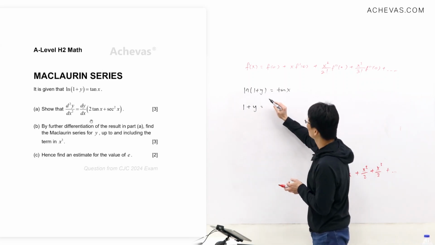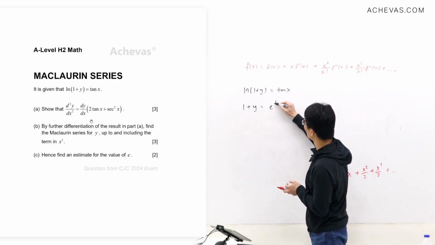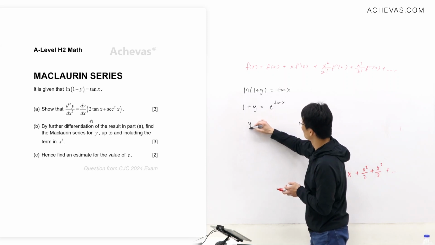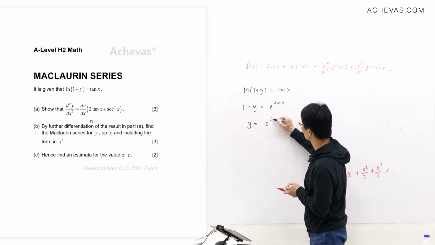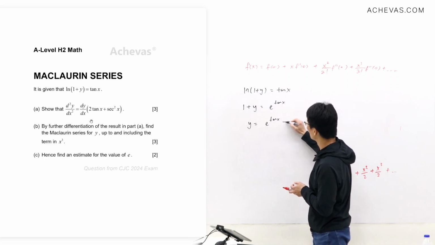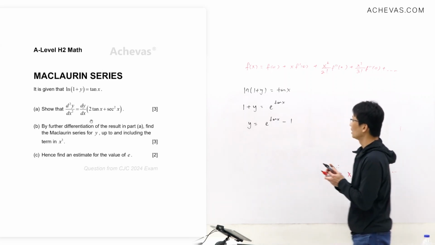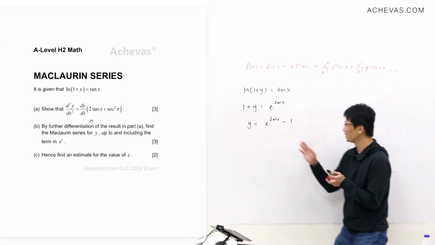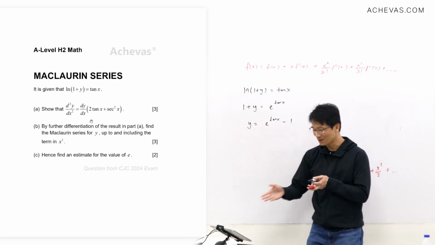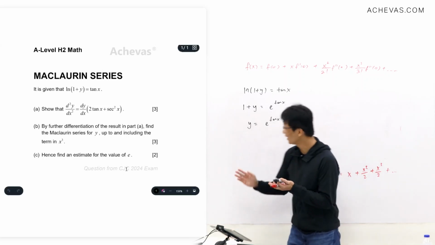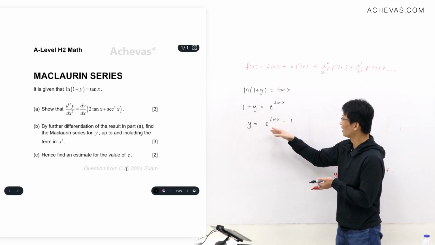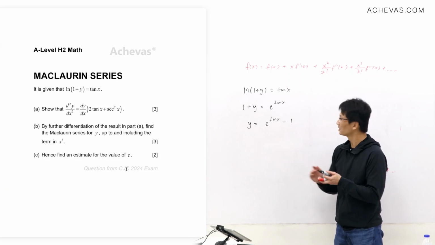So maybe I can just attempt to make y the subject first, then we will see what we will get. So here I will get e to the power of tangent x, y equal to e to the power of tangent x minus 1. Oh, okay. At least I managed to see there's an exponential term because the final result wants us to find the value of e. So maybe this form will actually work.